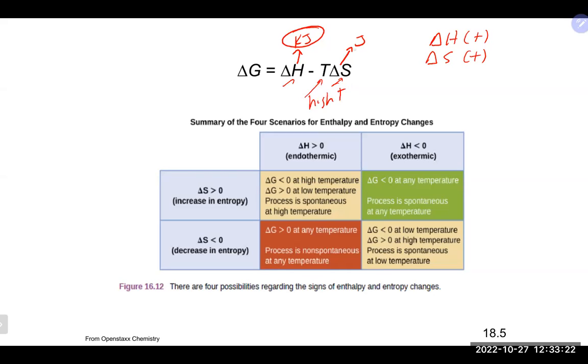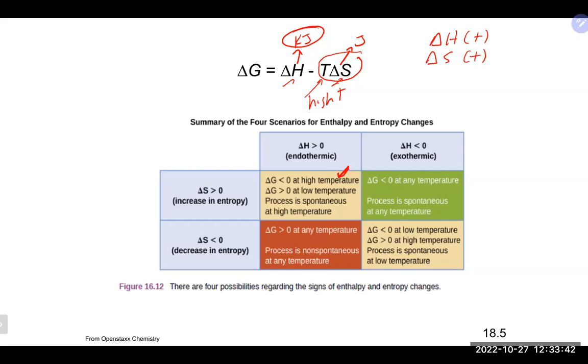With that really high temperature, this part of the formula would become a higher number than the first part and result in a negative number. So that is what it says here. Positive values on both of those, you need a really high temperature to turn it into a spontaneous reaction.